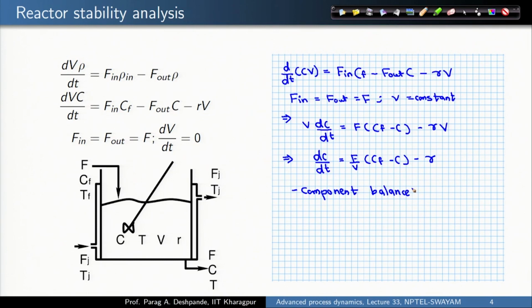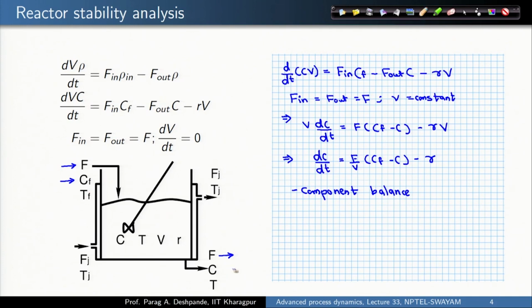So, by looking at the figure which is on the left hand side, I now am in a position to appreciate why I have F here and F here instead of F in and F out, why I have C f, and I cannot say anything about T f just by the mass balance. So, let me not put any arrow here.